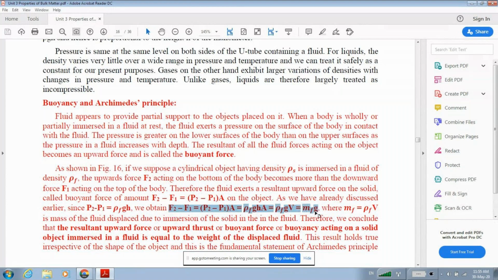So we can conclude that the resultant upward force or upward thrust or buoyant force or buoyancy acting on a solid object immersed in a fluid is equal to the weight of the displaced fluid, and this holds true irrespective of the shape of the object.